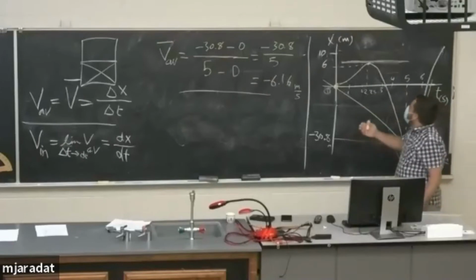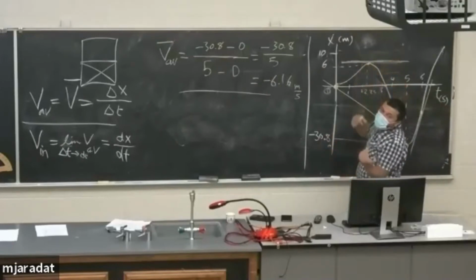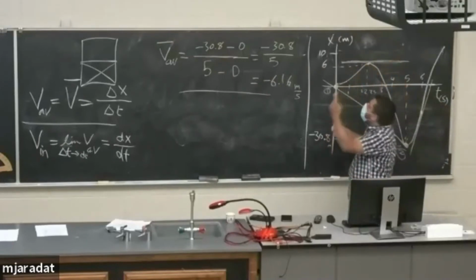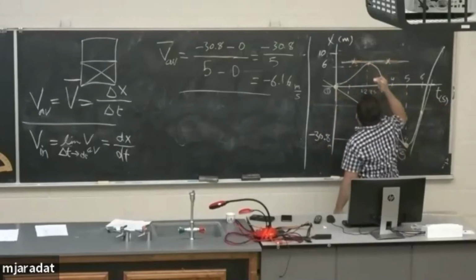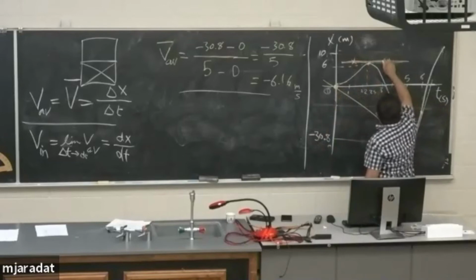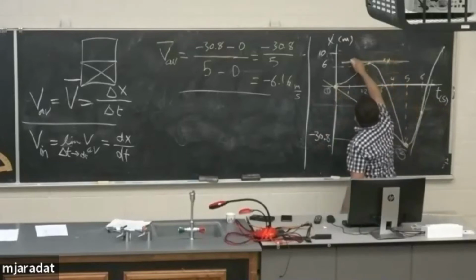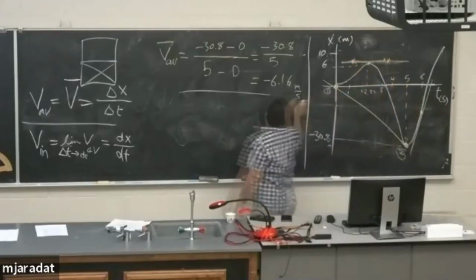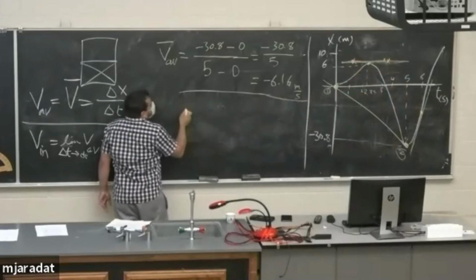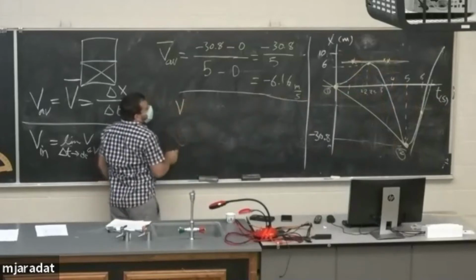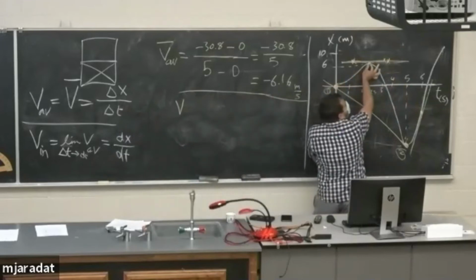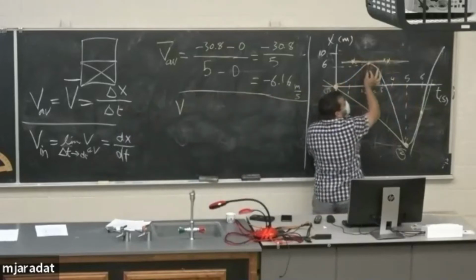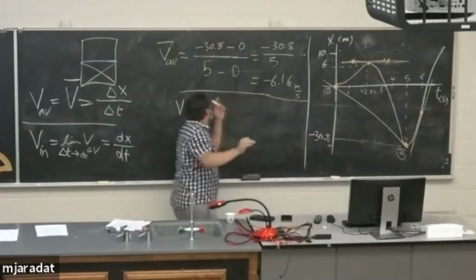For this line, I need to choose 2 points, for example, this point and this point at t equals 3 and t equals 1. Then I need to find the slope. So the velocity. Now I have a small window at this point. This is an instantaneous velocity at that time.